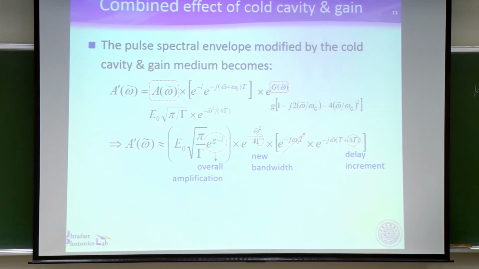Where does it come from? It comes from the linear term in your G approximation, because it's a purely imaginary one. So this term can be combined with the linear delay term in the cavity. So together you got a new delay. Original delay plus a new delay increment due to the gain medium. Okay? So it's quite interesting.